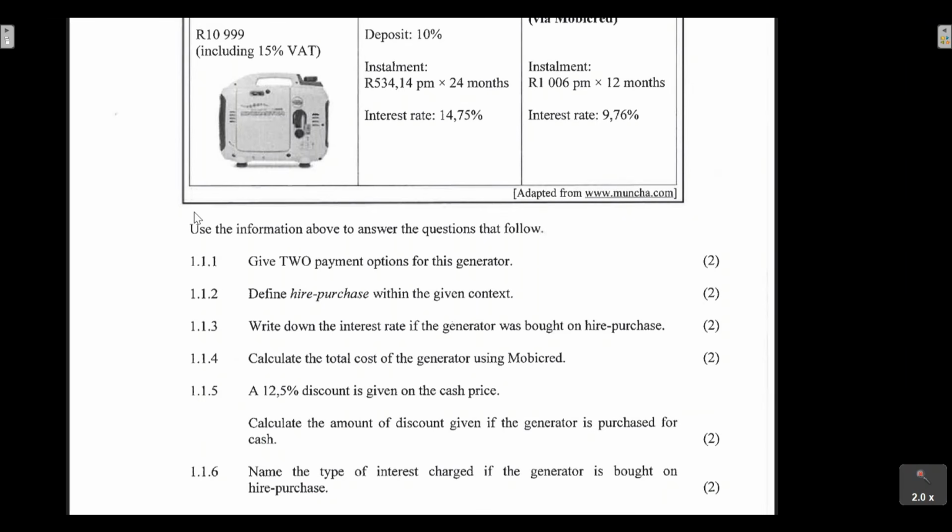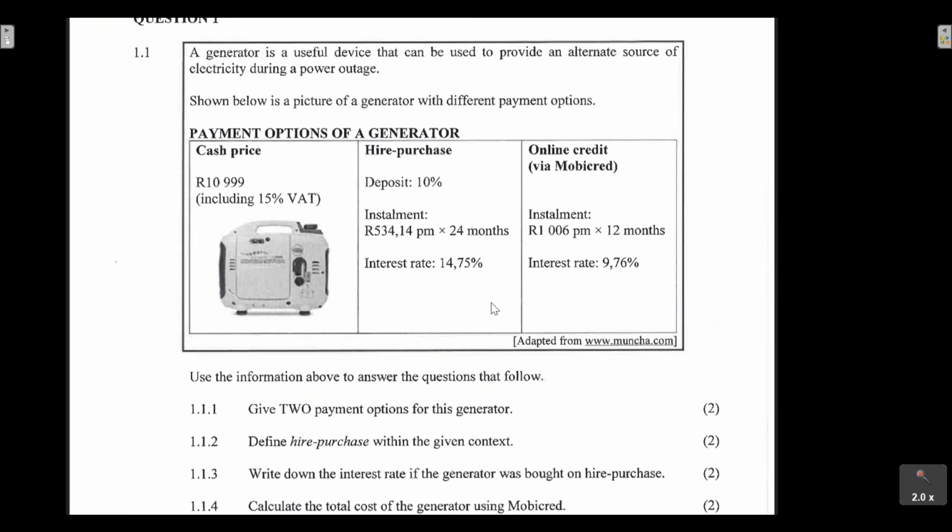Question 1.1.2 says define hire purchase within the given context. It's very important that you understand when a question says within a given context. It means you need to take the information that is given to you and incorporate it into your explanation when you define hire purchase.